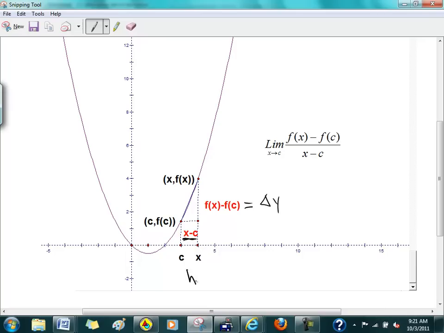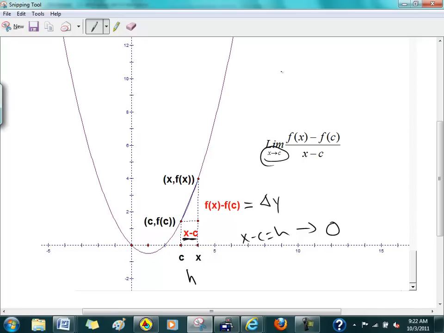So notice that as x goes towards c, x minus c, which is equal to h, goes towards 0. If x is going towards c, x minus c is going to go towards 0, because it's going to be like c minus c.